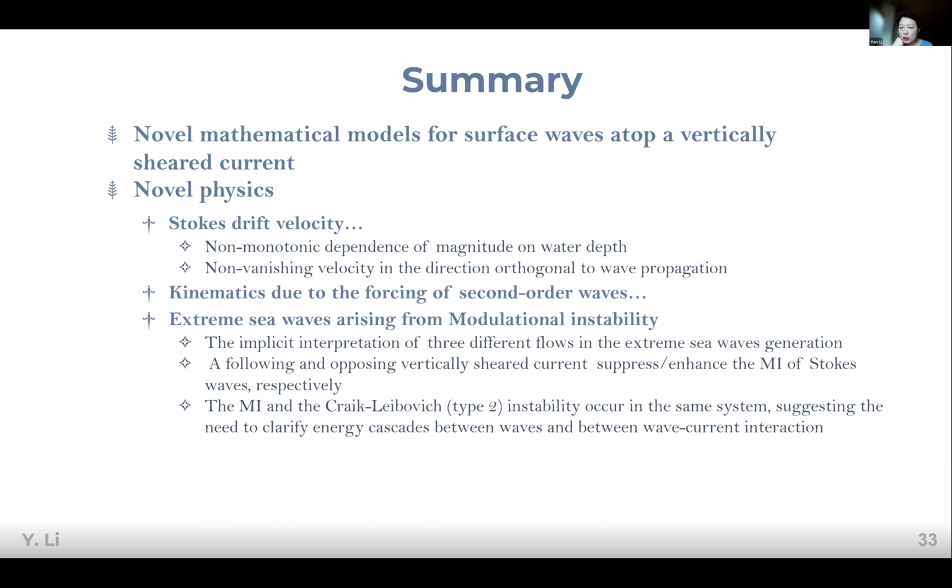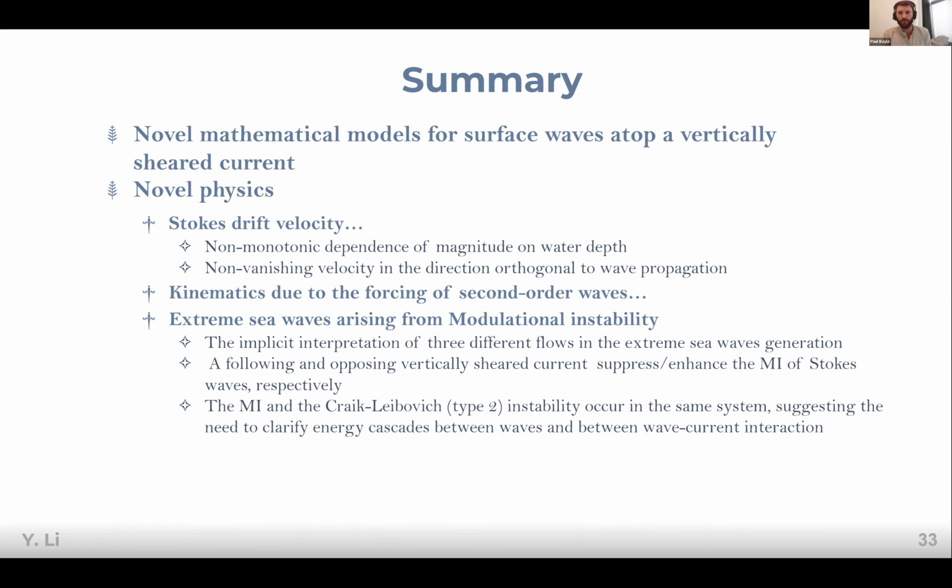And the magnitude of the current that I used is an exponential shear current profile, and if I remember correctly, the velocity at the surface will be close to 0.8 meter per second, but I need to check in detail.